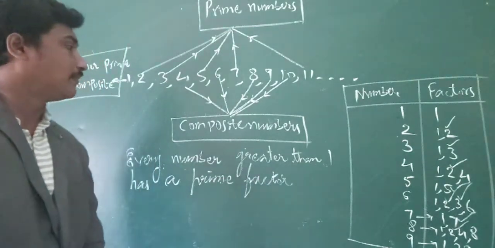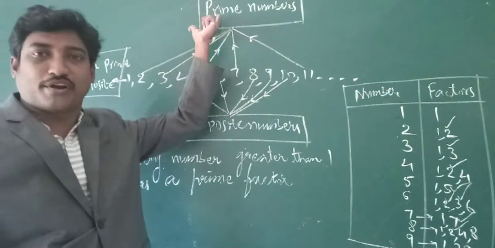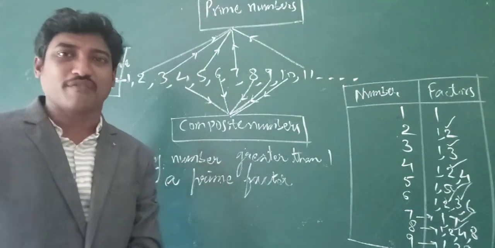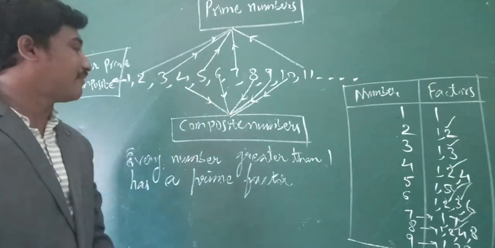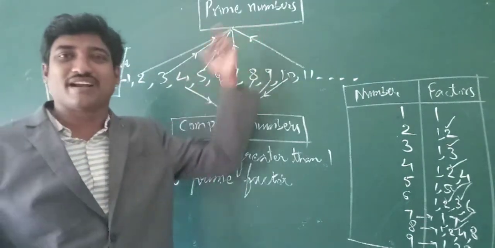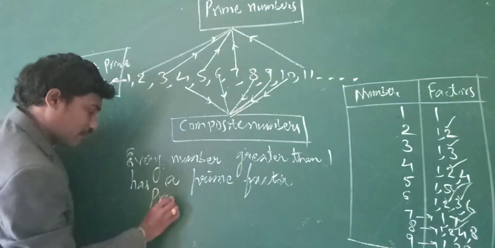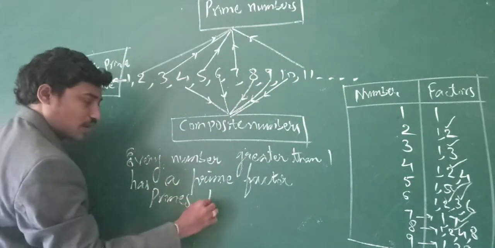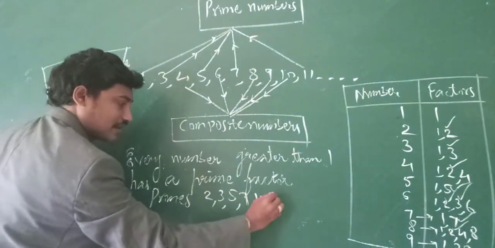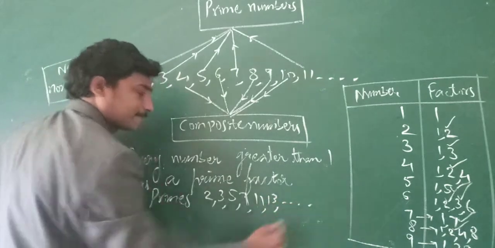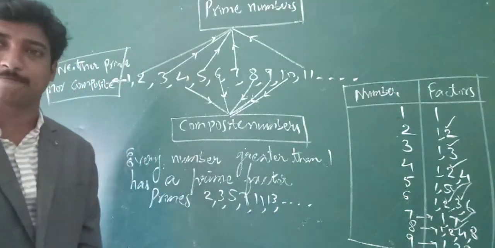Now let us know some more points about prime numbers. We have a question in our mind whether the number of primes is finite or infinite. Primes 2, 3, 5, 7, 11, 13 and so on.